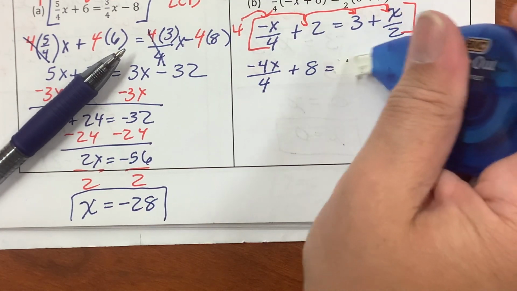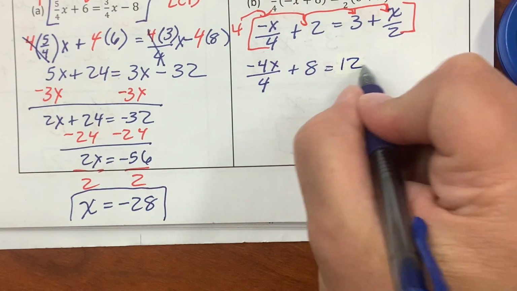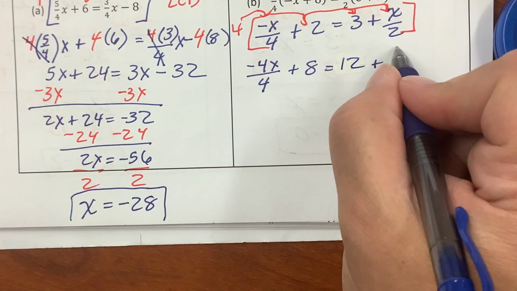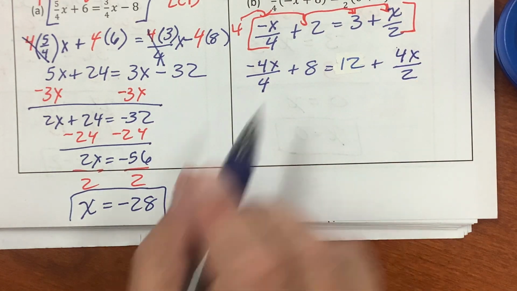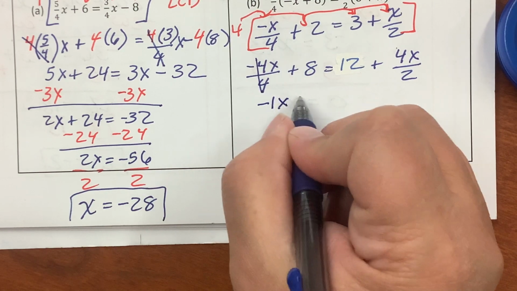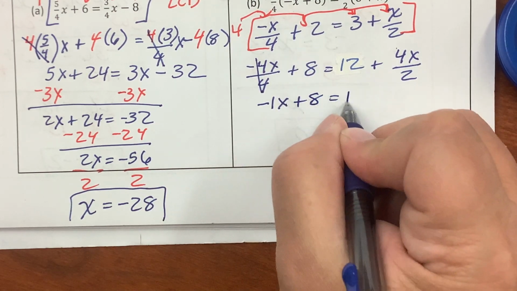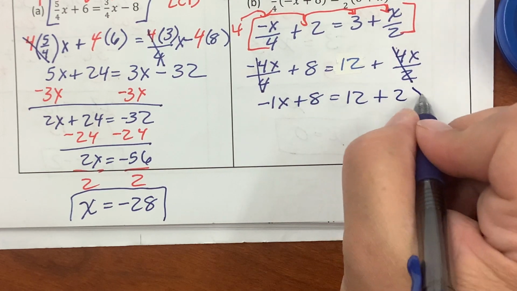What was I doing 4 times 3? I'm getting 6. 4 times 3 is 12 plus 4x over 2. Okay, reduce things. That'll cancel. Negative 1x plus 8 equals 12 plus 4 divided by 2 is 2x.